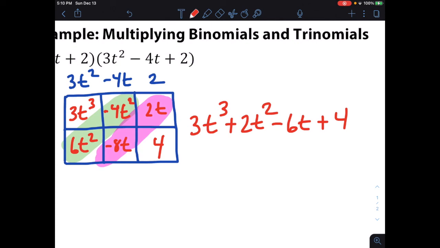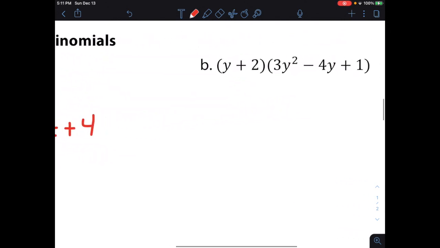So multiple combining like terms. And now using this box method, it really highlights easily what needs to be combined. If you didn't do the box method, you're going to have 6 terms that are going all across, and you just have to look through them all and say, okay, what's the same? Are there any that are the same? And it's not impossible, but not as well organized as this by any means.